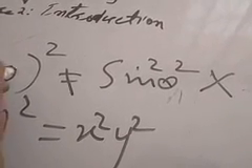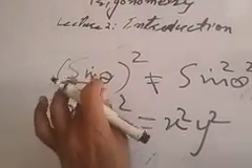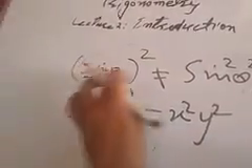Sin without theta doesn't have any meaning. When theta is attached to it, then it is a trigonometric ratio. Otherwise, it is not a trigonometric ratio. So I can't write it separately, I simply write sine square theta. That automatically means the square of the ratio sine theta. Sine theta is a ratio, and this is the square of that ratio.